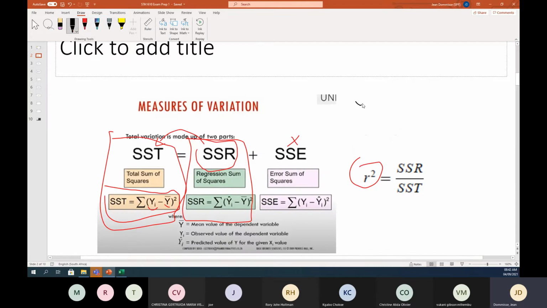You would remember that your y hat is basically the prediction of your y value. So you have your slope, let's just do that. You have your x value, and you have your intercept.